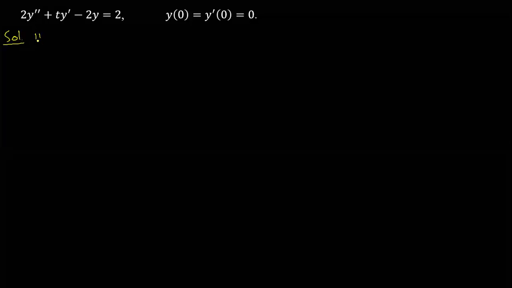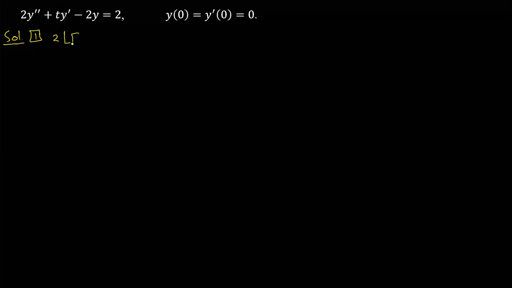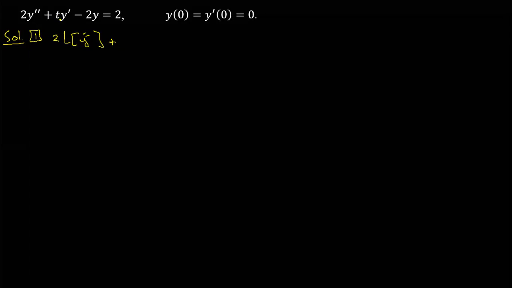For me, the first step to solve a differential equation using Laplace transform is to take the Laplace transform of all terms in your differential equation. So I have 2 Laplace of y double prime plus, here I wrote the t outside of L because it's a constant. You can't do that for t, t is unknown.